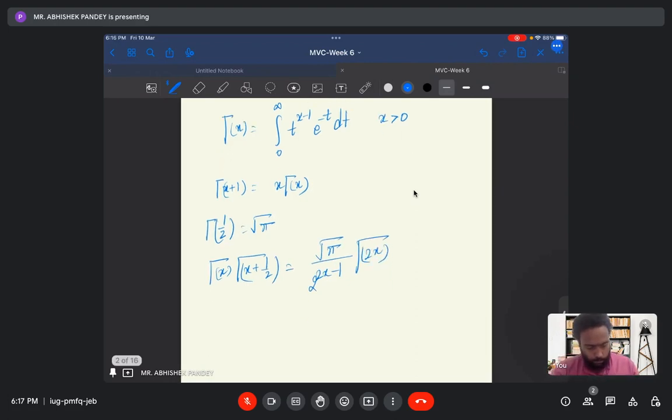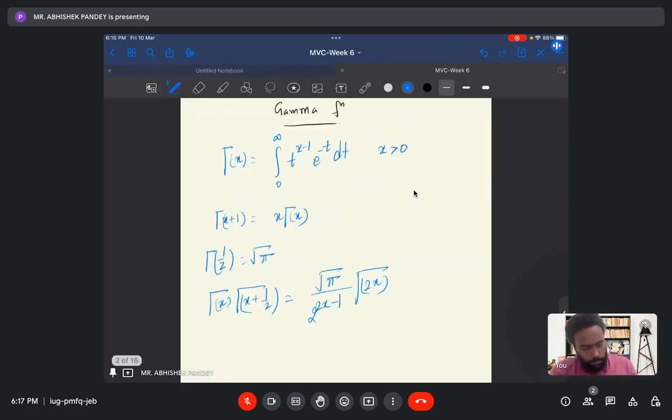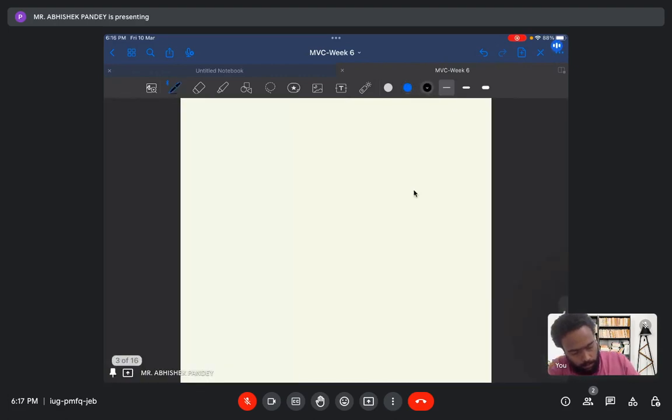Okay, so this is some property of the gamma function, and I will mention some properties of the beta function.